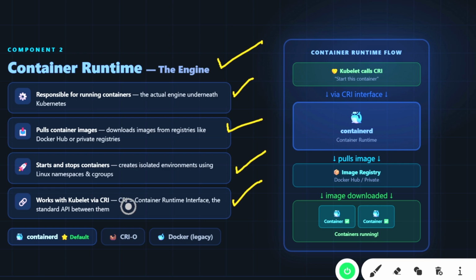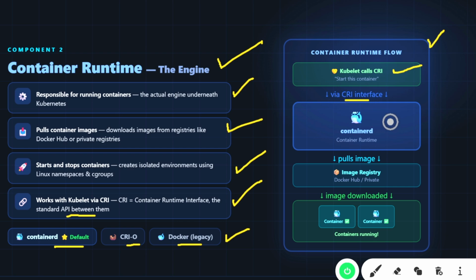As I said, CRI is the Container Runtime Interface. It is the standard API between them. Here, CRI-O and containerd are the container runtime tools. And here is the workflow of the container runtime. First, the kubelet calls the CRI, that is, the instruction to start this particular container is received via the CRI interface.